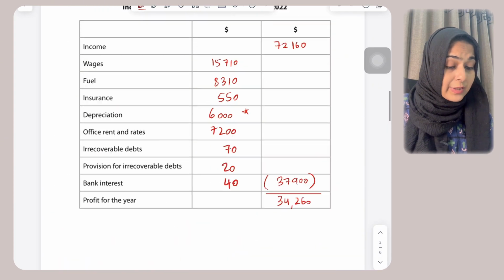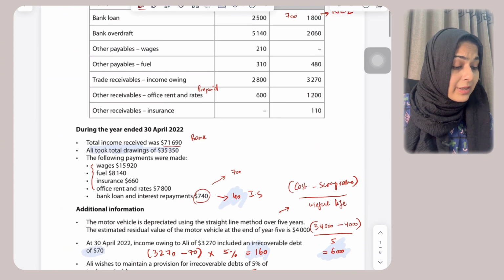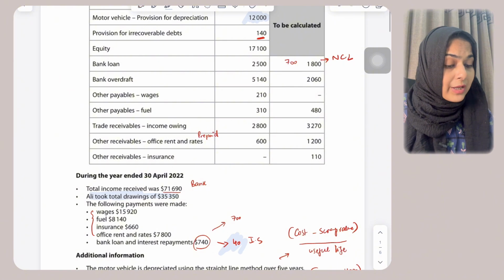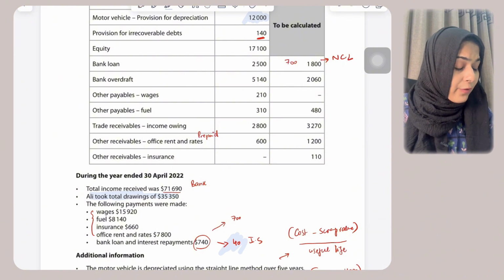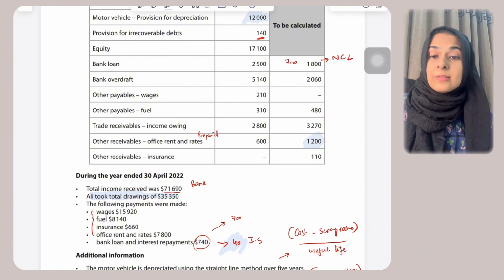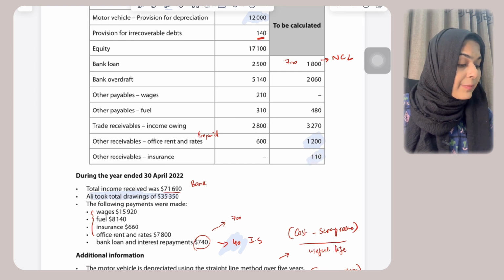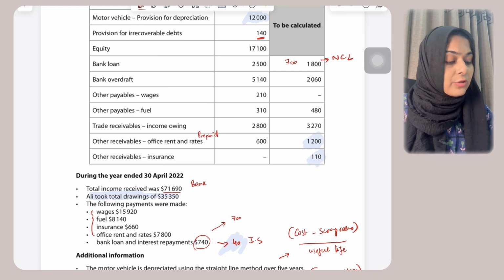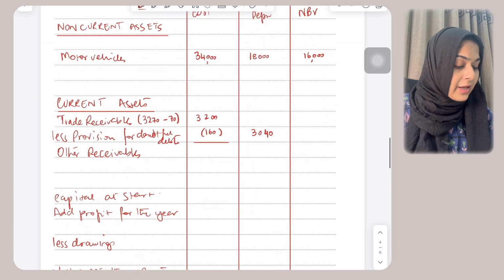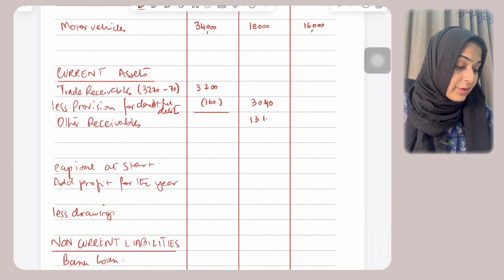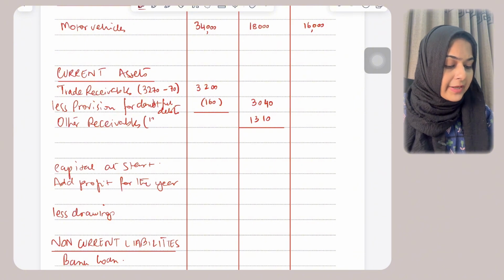Then we have other receivables. In this case, we have two other receivables at end. One is for office rent and rates, prepaid at end, which is 1,200. For insurance, prepaid at end is 110. So 1,200 plus 110 will give me 1,310. So 1,310 is my other receivables. I'll write here in brackets 1,200 plus 110.